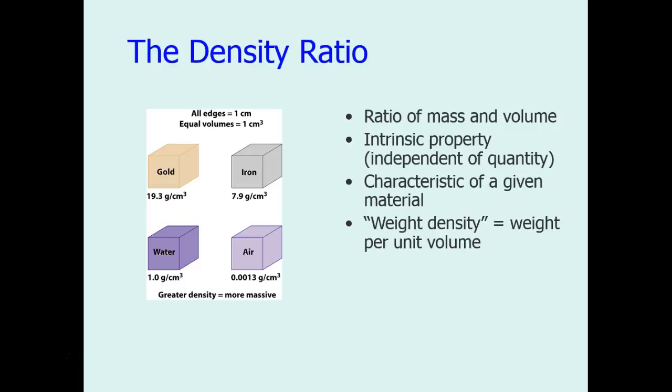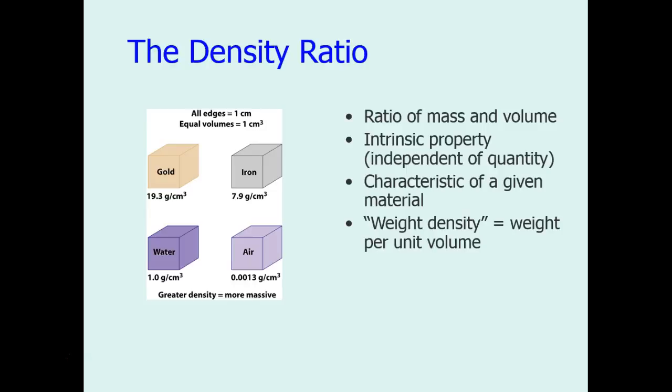Now, here we have cubic centimeters of each of these things. 1 cubic centimeter of gold has a mass of 19.3 grams. Always. When Archimedes was going to measure that, if it didn't come up 19.3 grams per cubic centimeter, if it came up anything else, it was just gold on the outside, something cheaper on the inside. That's how he did it.